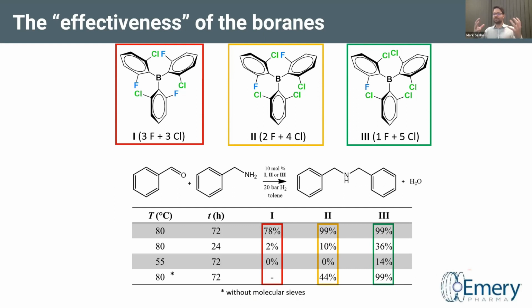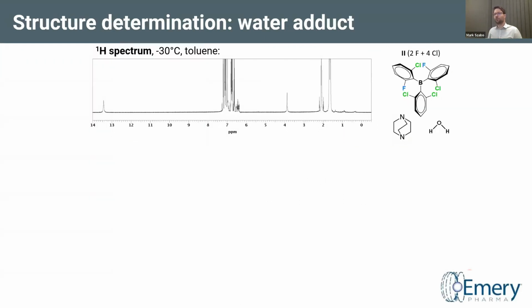So you can clearly see that there is a difference in the efficiency of the catalysts, and we wanted to understand what is behind this difference with the help of NMR spectroscopy. First of all, what we did is that we put in our sample the borane, the non-coordinating Lewis base, and some water, and we cooled down the sample to minus 30 degrees.